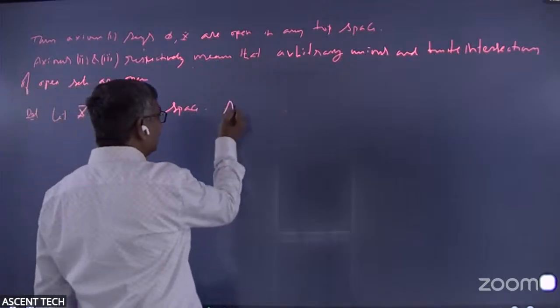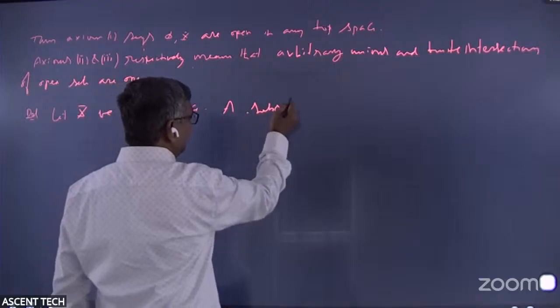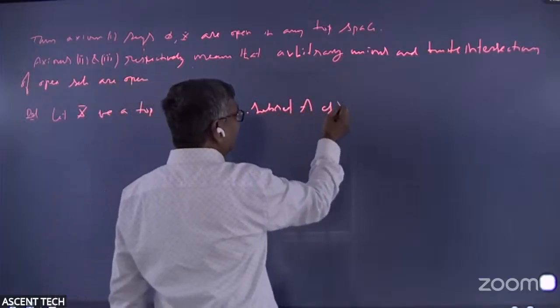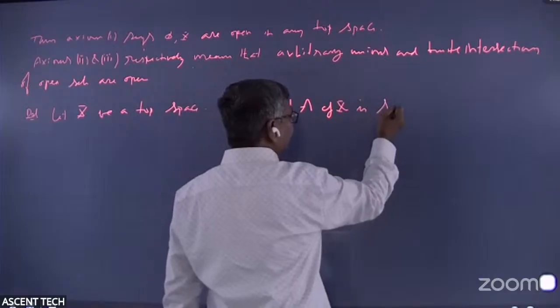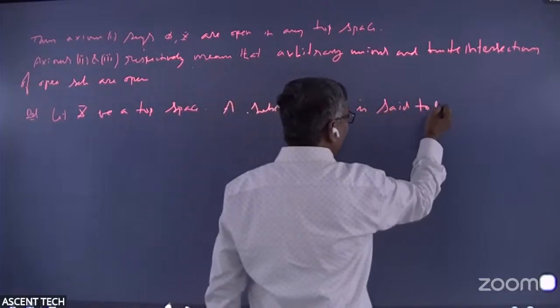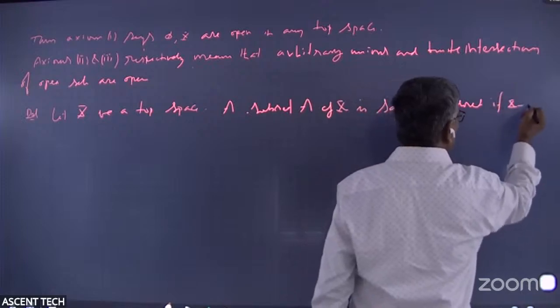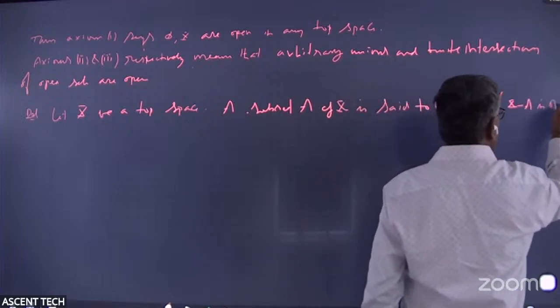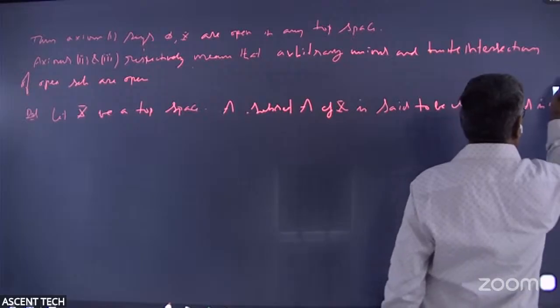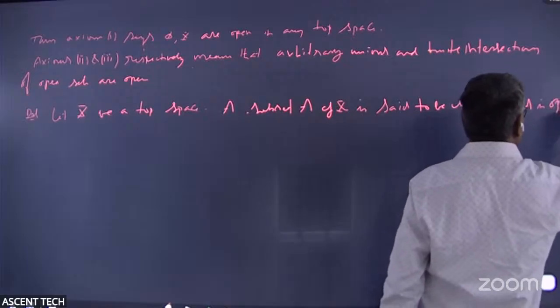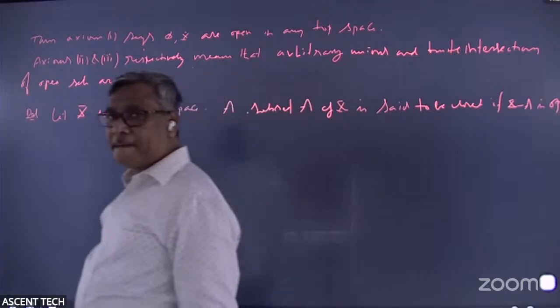A subset A of X is said to be closed if its complement X minus A is open. I'll say a set is closed if its complement is open.